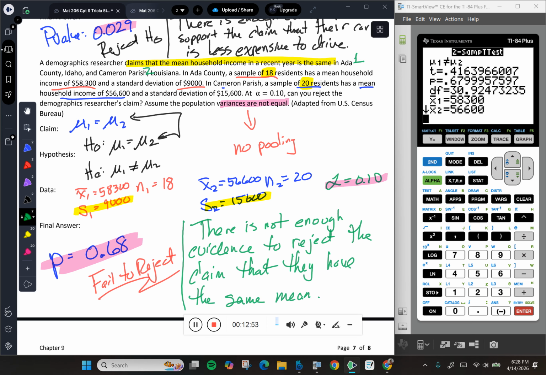So I don't have enough evidence to reject that claim. I'm failing to reject the null. The claim is the null. When we fail to reject the null and the claim is the null, there is not sufficient evidence to reject the claim. All right, that brings us to the end of section 9.2. I'll see you all back here for 9.3.